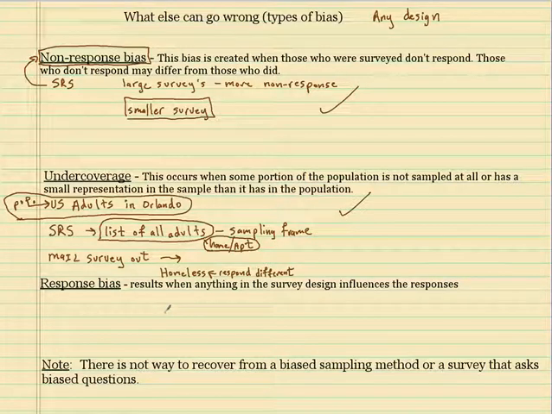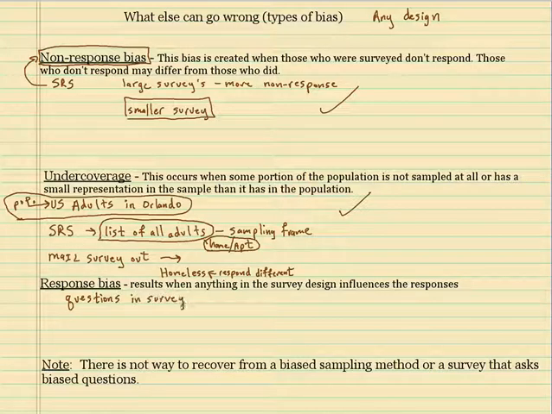Another bias is response bias, and that results when anything in the survey design influences the responses. This happens a lot in the questions in surveys.